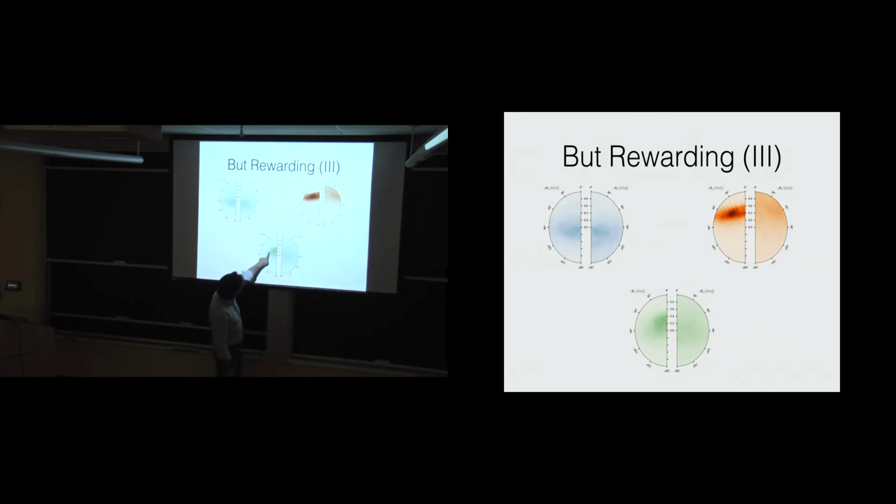The radial coordinate here is the spin magnitude, and the angular coordinate is the tilt of the spin relative to the orbit. So if the more massive component is maximally spinning aligned with the orbit, it goes right there. If it's maximally spinning and in the orbital plane, it goes there. If its spin is 0.5 in the orbital plane, it's right there. And then for the less massive component over here.